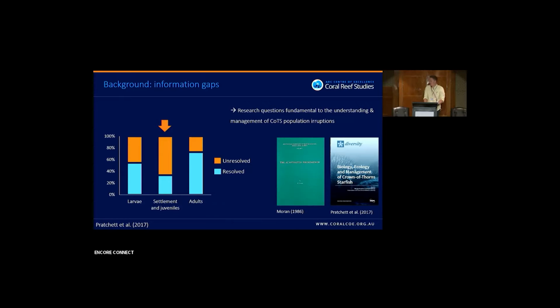This is particularly striking given what we've been researching on other echinoderms. We do know of the importance of these life stages to managing, predicting, and understanding these eruptions from other echinoderm species.